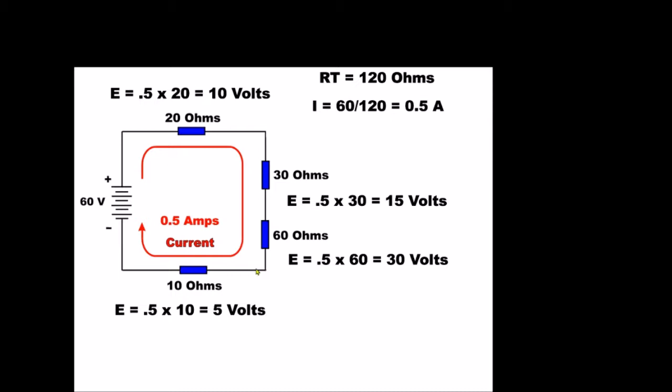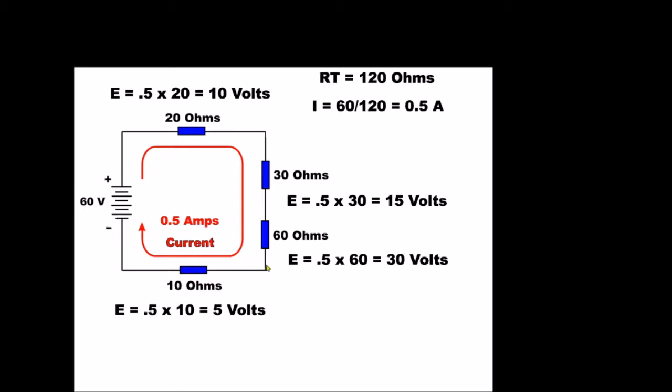That resistance is going to oppose current and actually create a voltage drop. So if that creates a voltage drop there, that voltage drop has to also be part of that 60 volts.